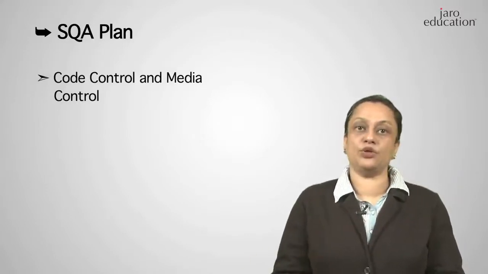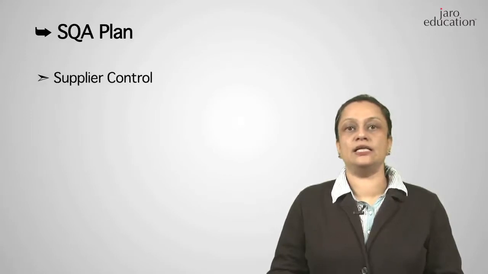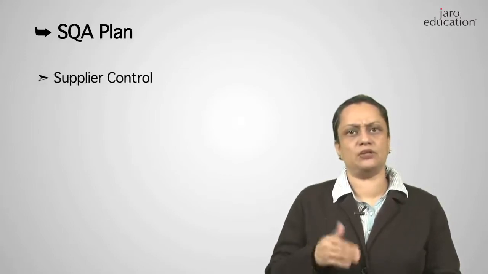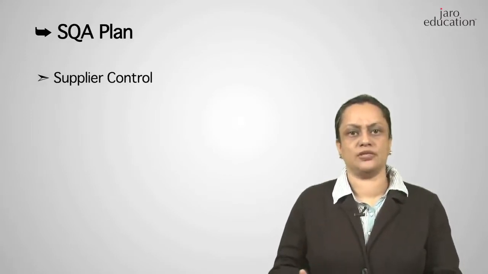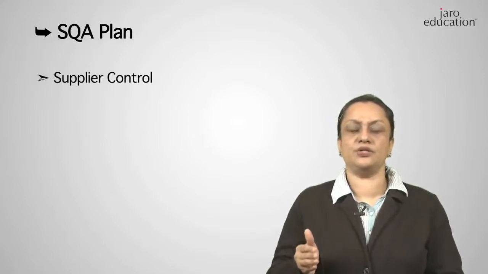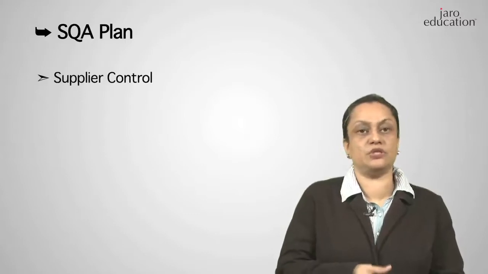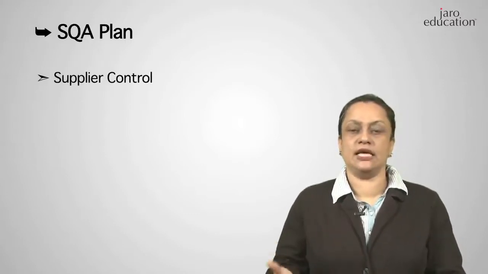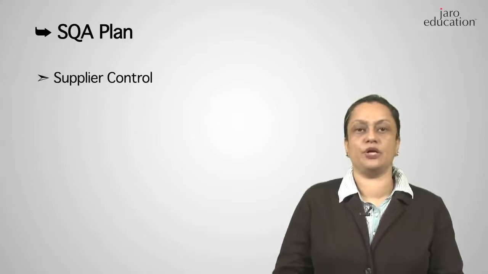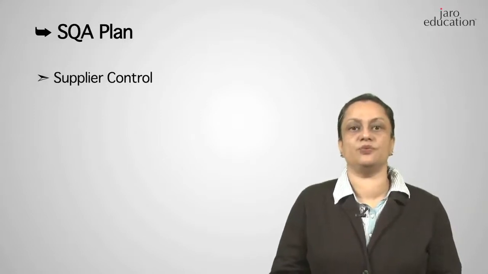The SQA plan also talks about supplier control, and we will be doing a little bit about the supplier evaluation process. So the quality assurance activities have to be aligned to the quality assurance activities of the supplier. The testing, the handing over of the software, either part of the software or the entire software.